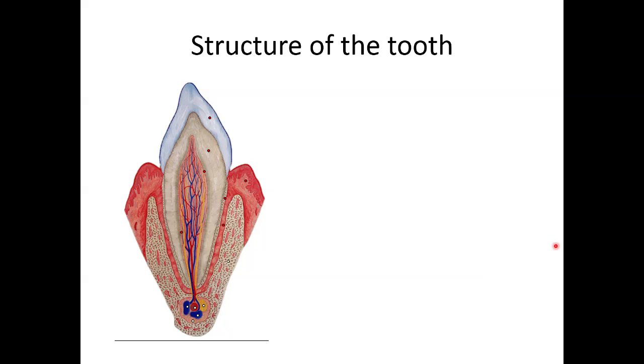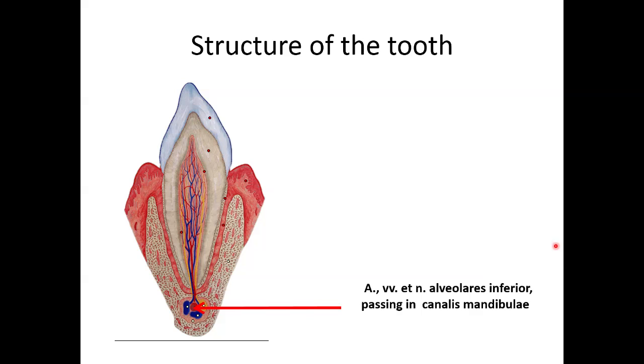And now the next question, what is it? It's arteria and veins, alveolaris inferior or alveolaris superior, which pass in canalis mandibulae.